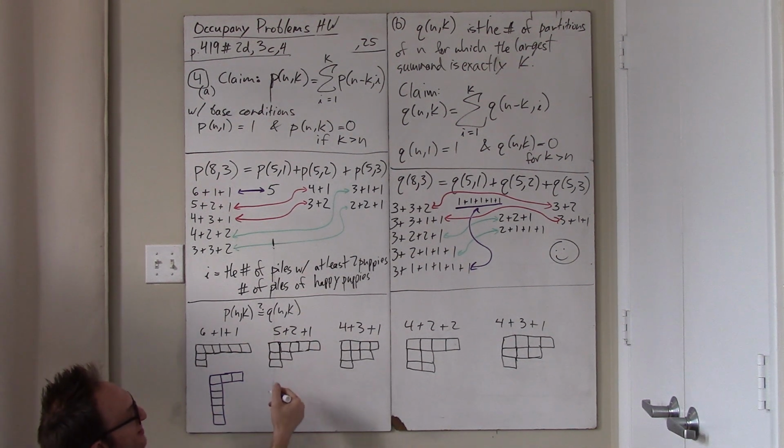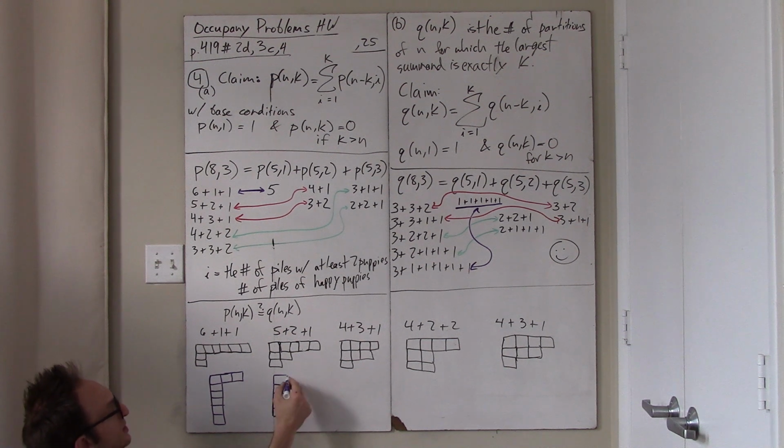And over here, 5 plus 2 plus 1, this gets rewritten as, this is embarrassing if I get it wrong, so that's like 5, and 2, and 1, I guess, like that.